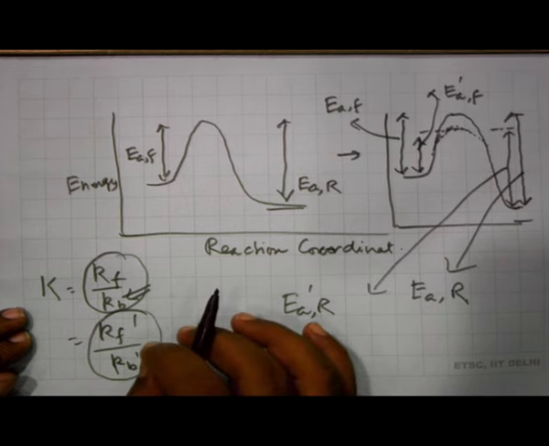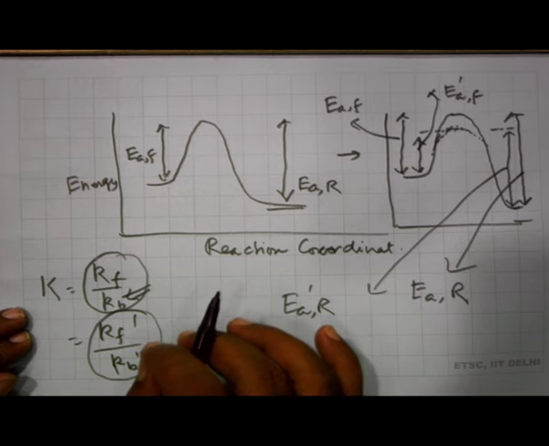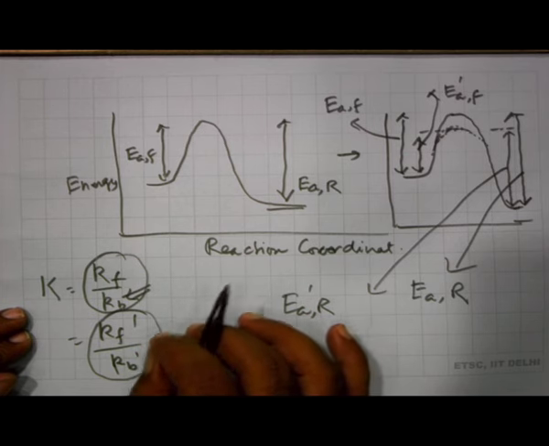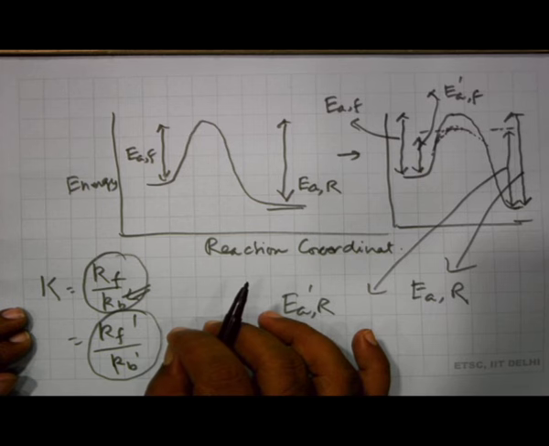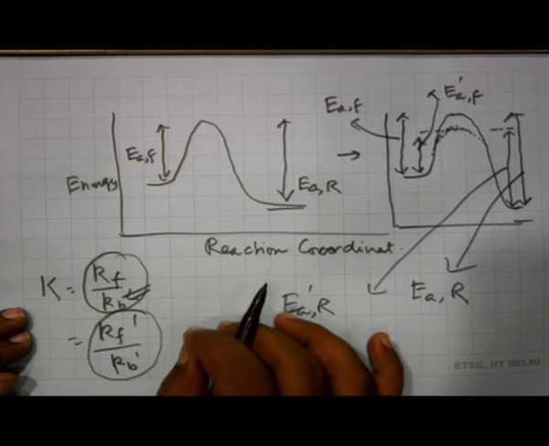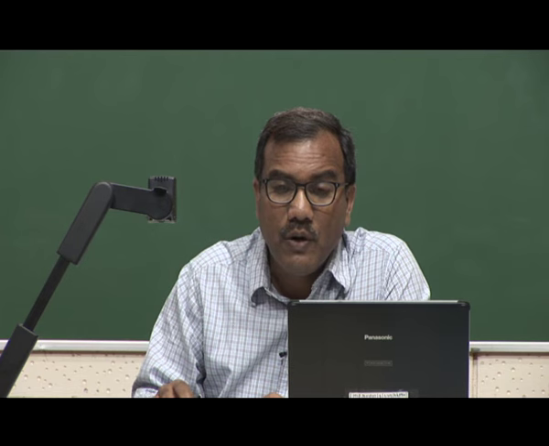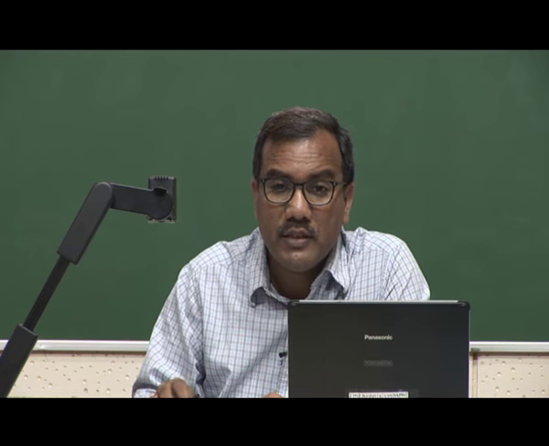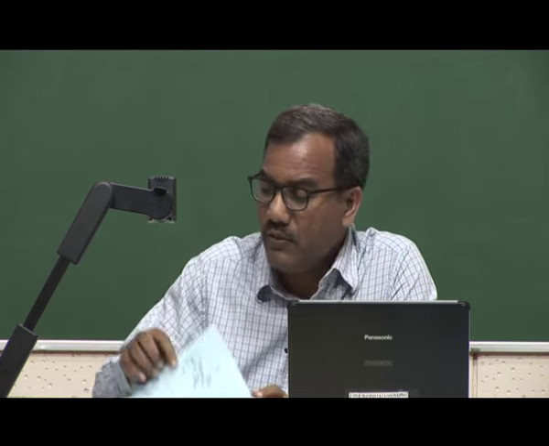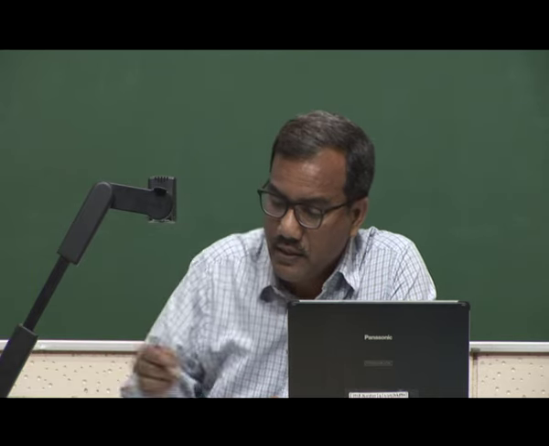So, catalyst increases the rate of both forward and reverse reaction, but the ratio of Kf and Kb does not change.